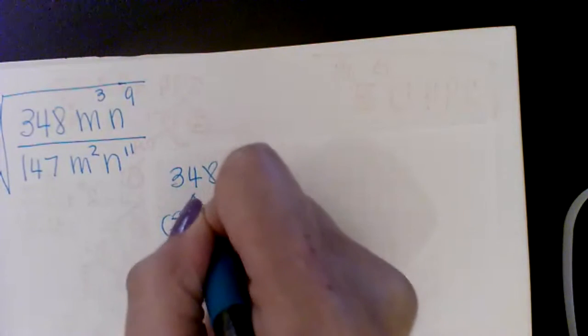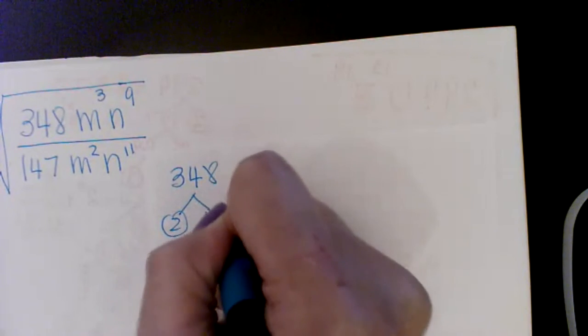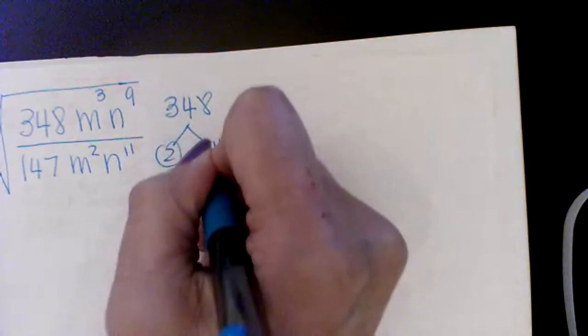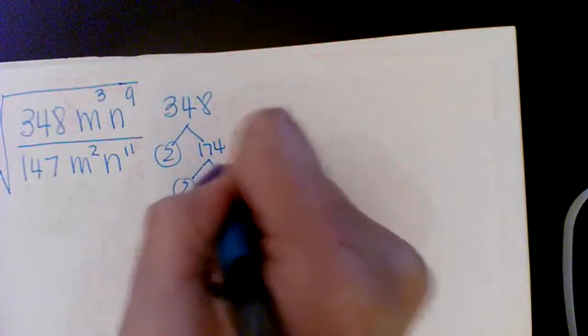All right. And if I divide, so let's get this 2. There we go. So 348 divided by 2 is 174. Divided by 2, 87.